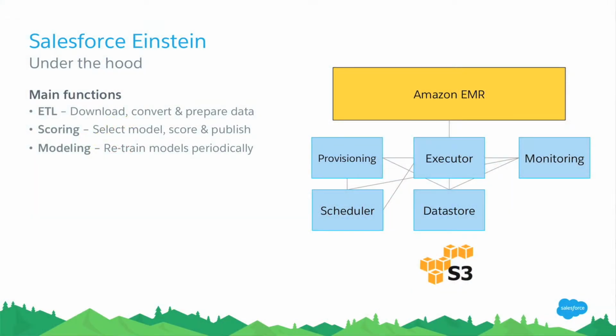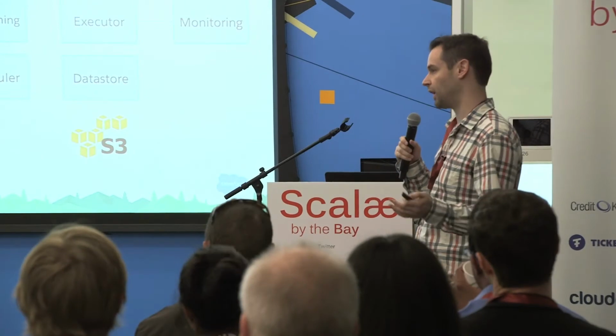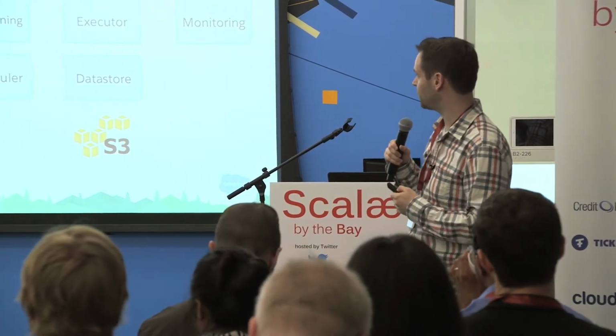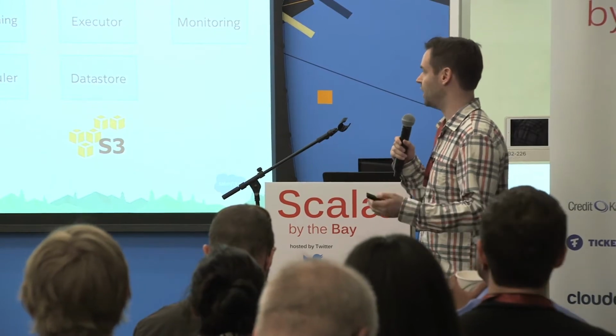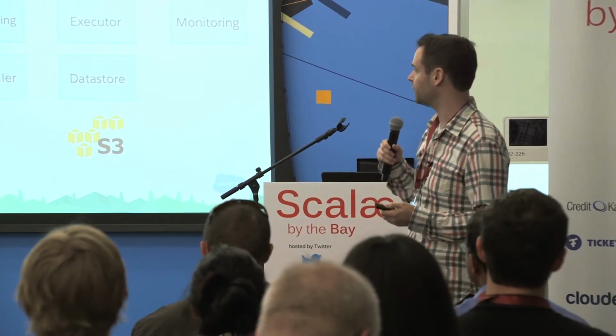So now I'm going to dive a little deeper into what our platform looks like on the technical side. We are basically performing three functions. We're doing ETL, so we transfer data from the Salesforce API into our environment, and we convert it from CSV to Avro, and we prepare it for machine learning.